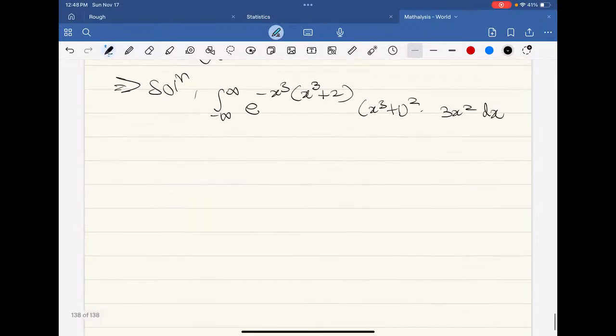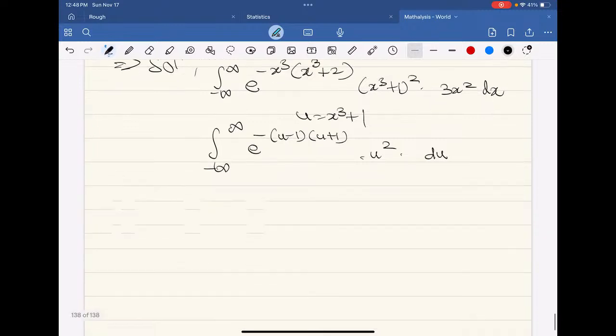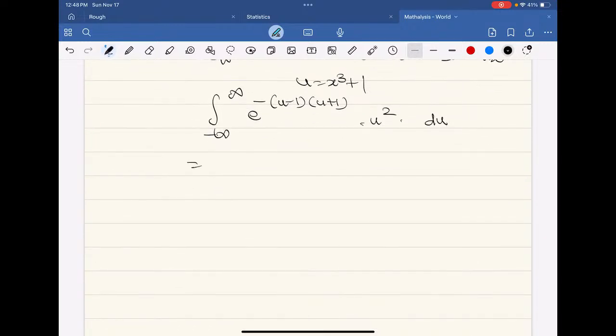Now if I make a substitution that u is x cube plus 1, this will again go from minus infinity to infinity e to the power minus of u minus 1 u plus 1, this is u square, this is du, right? And now this is integral from minus infinity to infinity e to the power negative of u square minus 1 u square du.